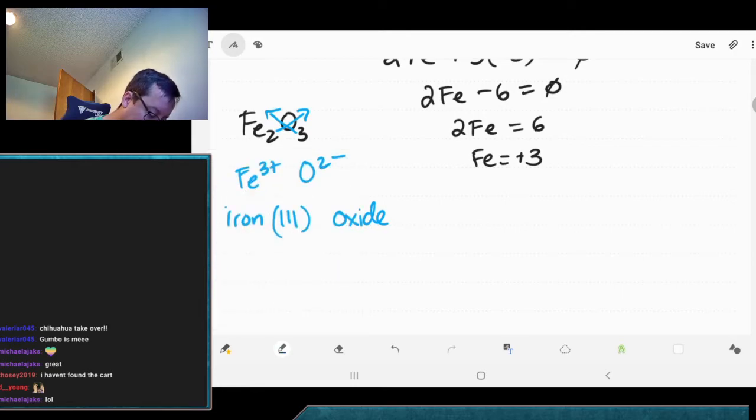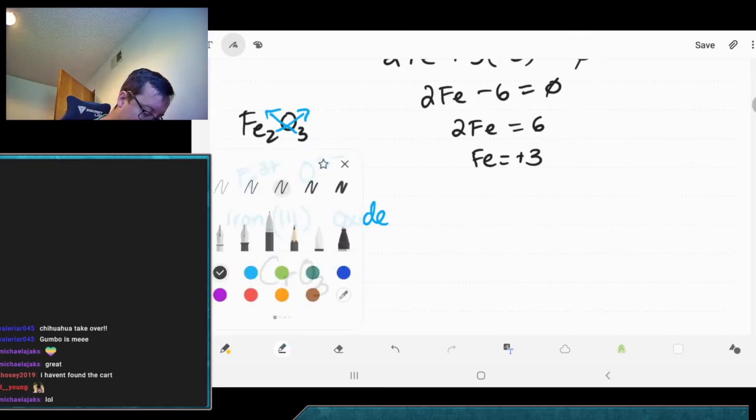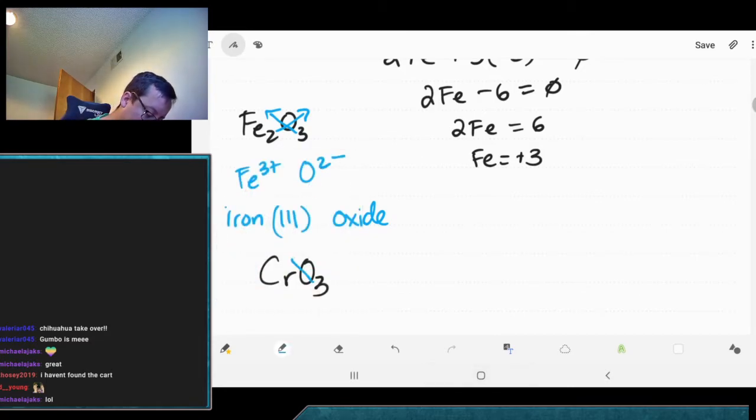For example, we have this compound CrO3. Reverse crisscross. We get Cr3 plus, O minus. Remember the subscript of the chromium there is 1. If we reverse crisscross, we take the subscript and give it as now a charge.